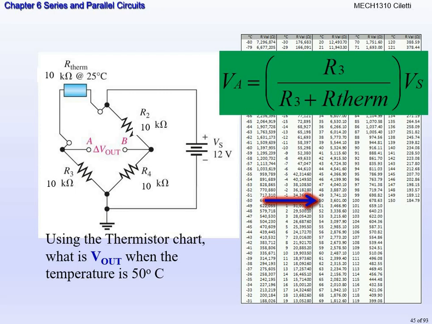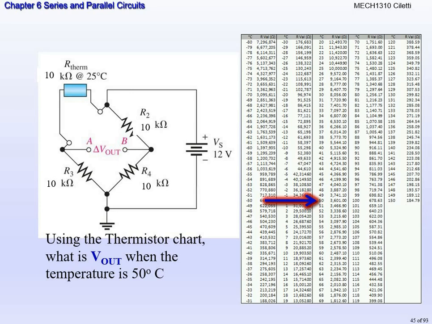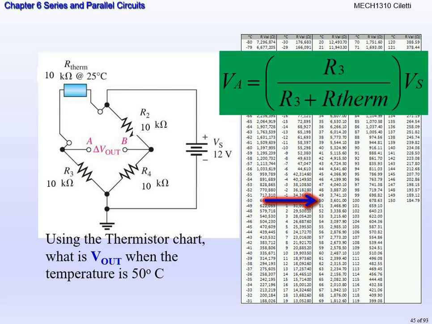Yes, because if you look at the chart, look where 25 is. 25 is up there and it's right at 10,000. So you have to use the value that's exactly on the chart for this example. When you plug this in, it's going to be 10,000 divided by 10,000 plus 3,601, times the voltage source, which is 12 volts in this case, looking at the schematic.